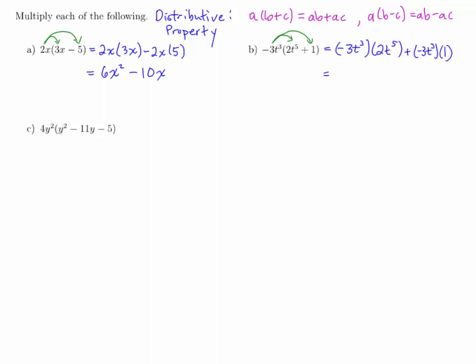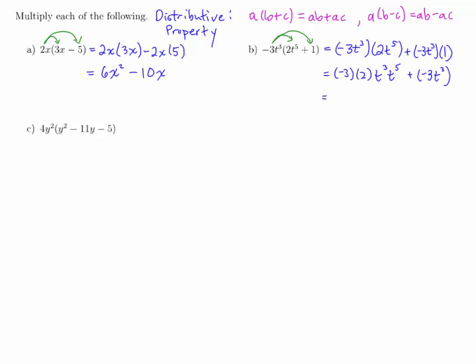Now, for that first expression, this one's a little bit more complicated to simplify. Let's rewrite it. We have negative 3 times t cubed times 2 times t to the 5th. So we'll rewrite it as negative 3 times 2 times t to the 3rd times t to the 5th. And again, we're able to do that by the commutative property of multiplication. And then we're adding that negative 3t cubed times 1. That's just adding negative 3t cubed.